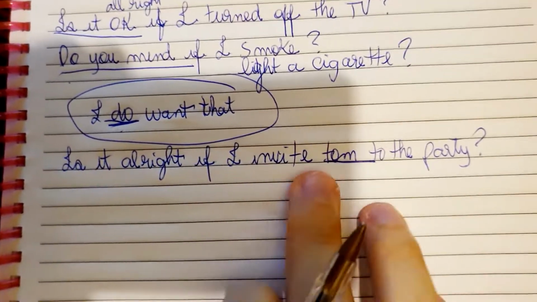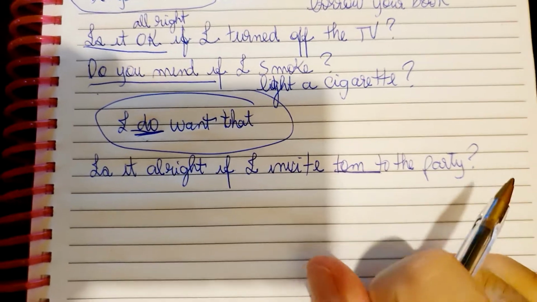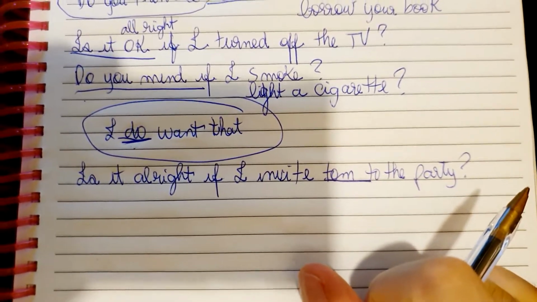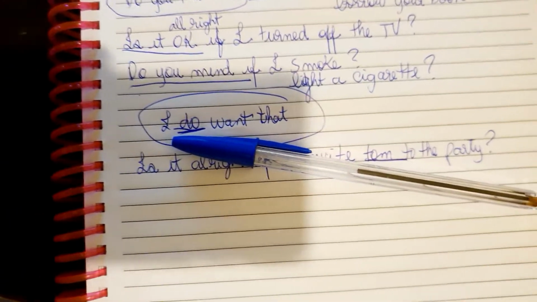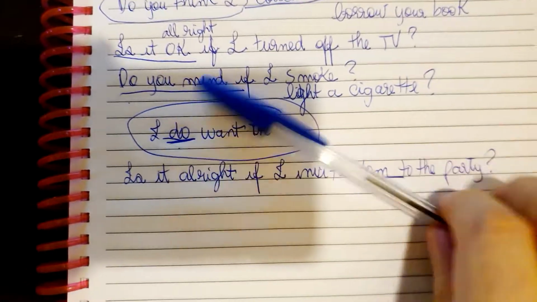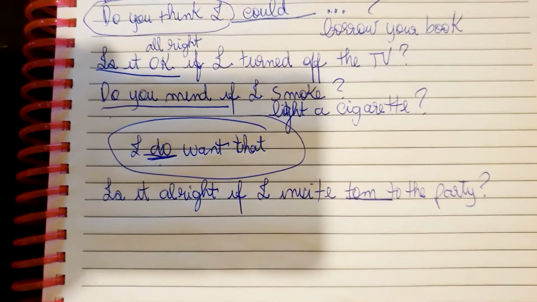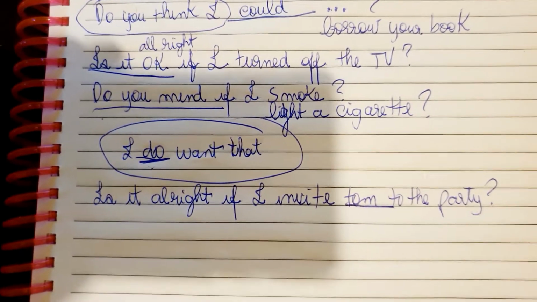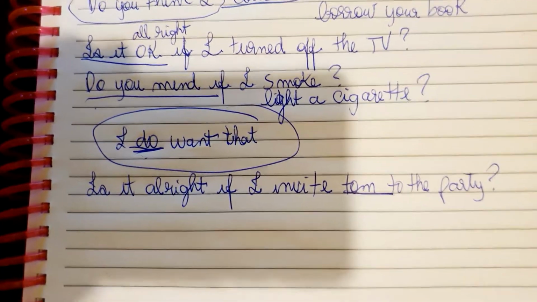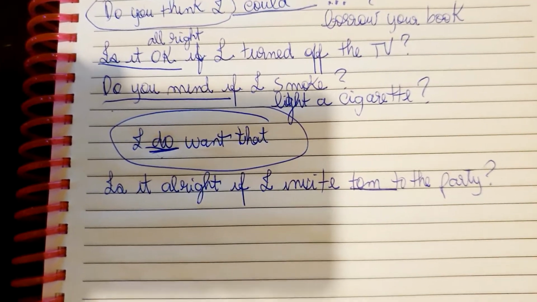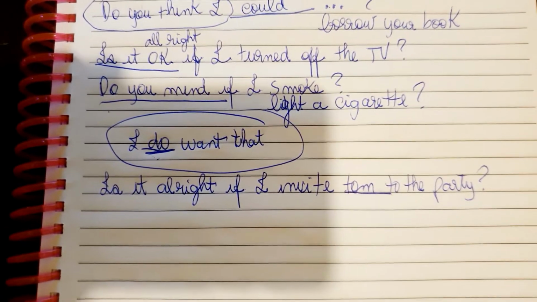Is it all right if I invite Tom? Yes, it's okay. You can invite him, no problem. Right? I stay away from him. I have my group of friends. He has his group of friends. As long as nobody starts an argument or provokes each other, it's okay.